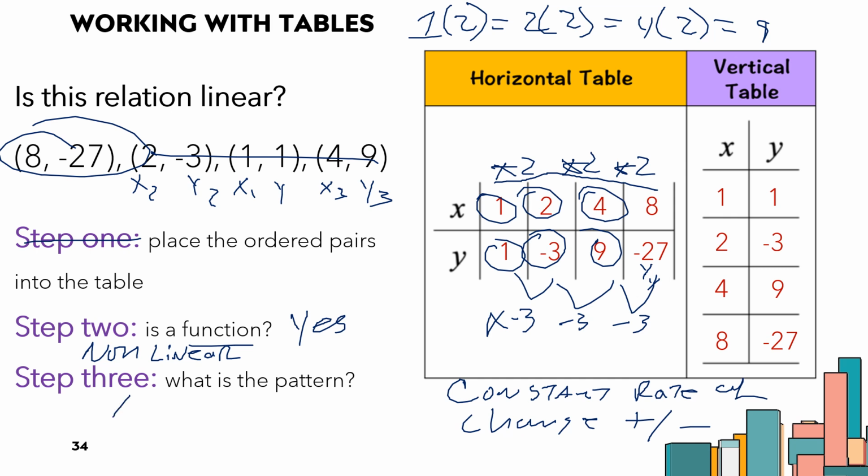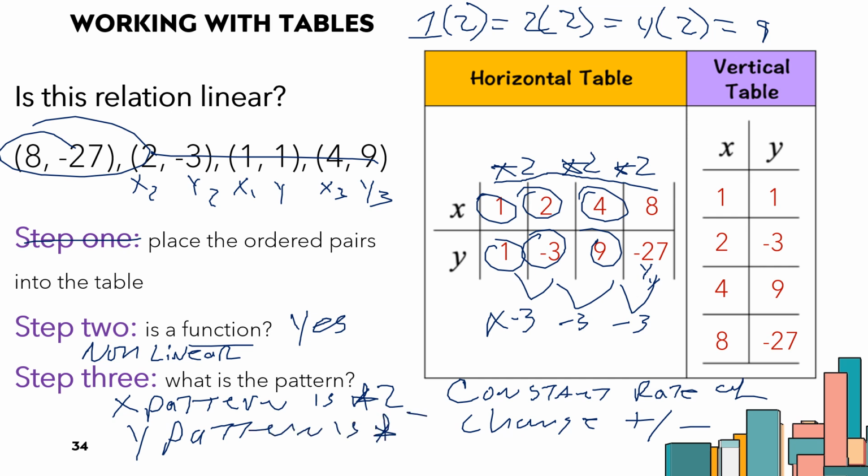So the x pattern is times 2, the y pattern is times -3. It is nonlinear because our rate of change is with multiplication. For it to be a straight line, you have to have a constant rate of change with addition and subtraction.